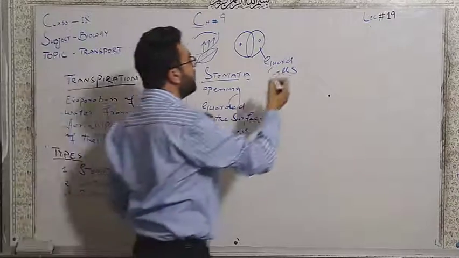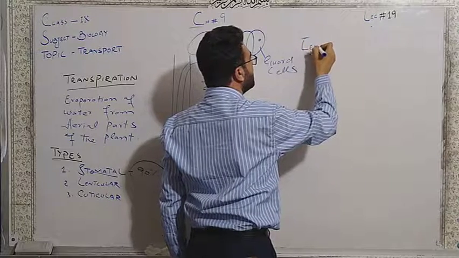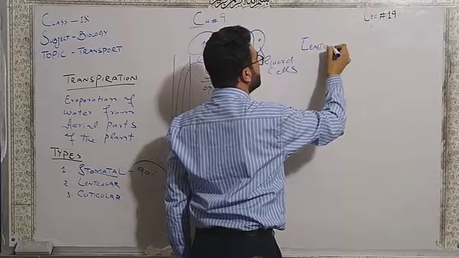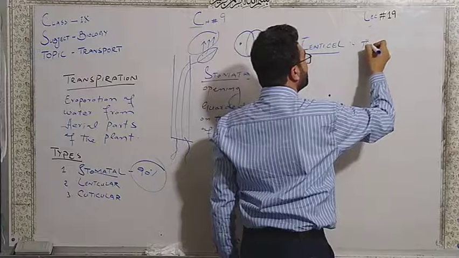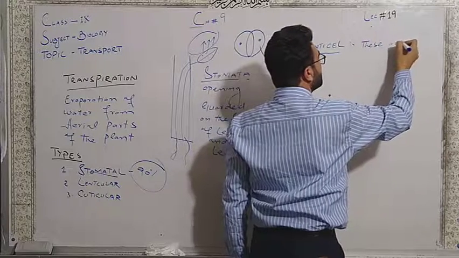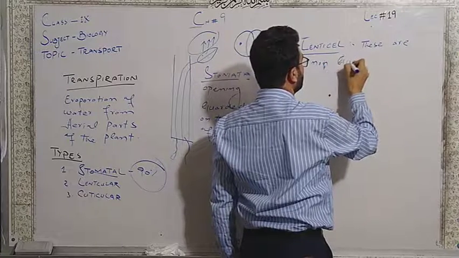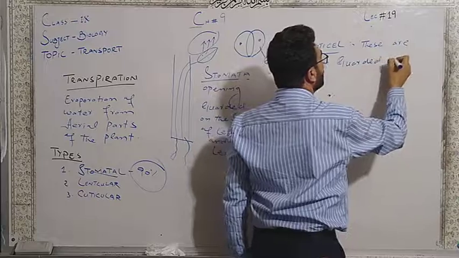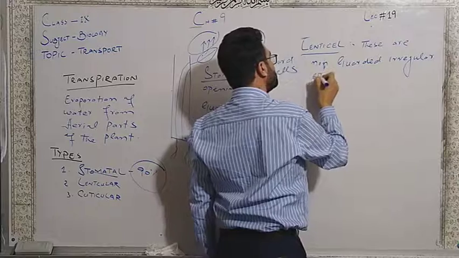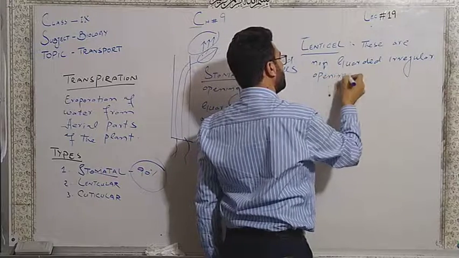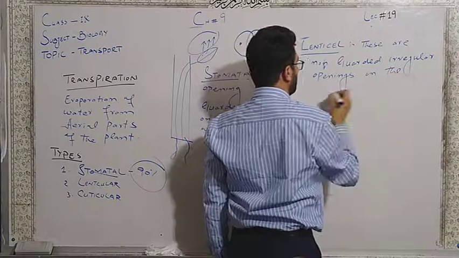Then the second type, what is lenticel? Lenticels are non-guarded, irregular openings on the mature stem of the plant.